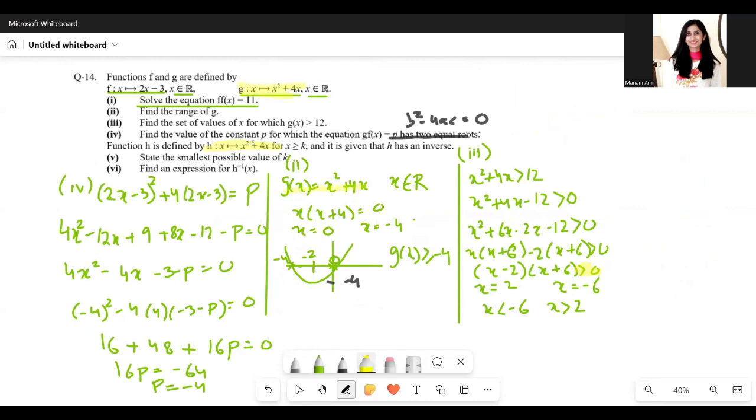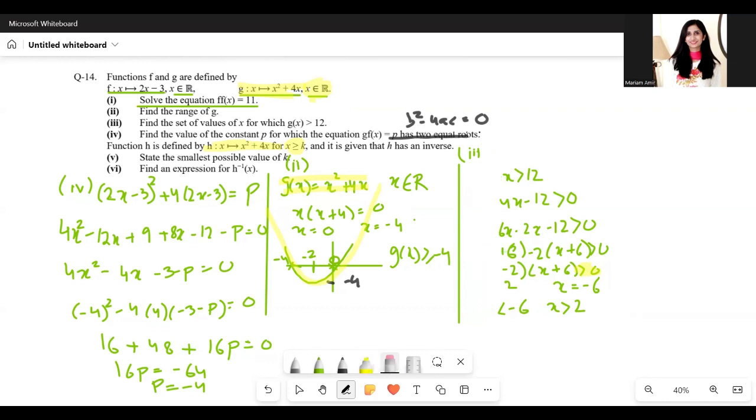So we're back to this, but now we write it in the form of h of x. Now the domain is different. Here the domain was all real values, so we took the entire graph. Now it says that x is greater than or equal to a value k, and it is given that h has an inverse. Find the smallest possible value of k.